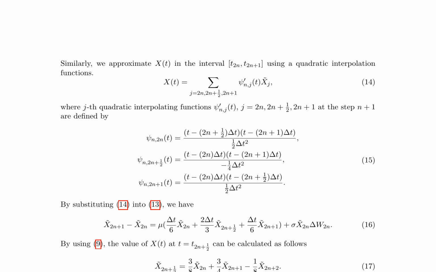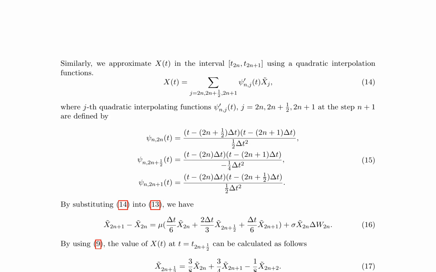The method involves integrating equation 7 on [t_{2n}, t_{2n+2}] and [t_{2n}, t_{2n+1}], respectively, and approximating x(t) in these intervals using quadratic interpolation functions. The interpolation functions psi_{n,j}(t) are defined by equations 10 and 15, respectively.